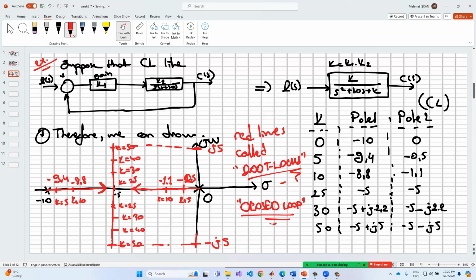Do you understand how we can draw the root locus on the S-plane from this notation? Please write in the chat if you have any question about this. Do you get it, the complete notion of the root locus?